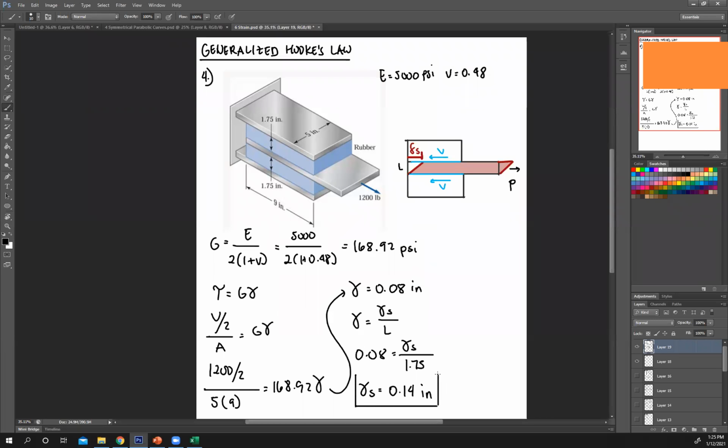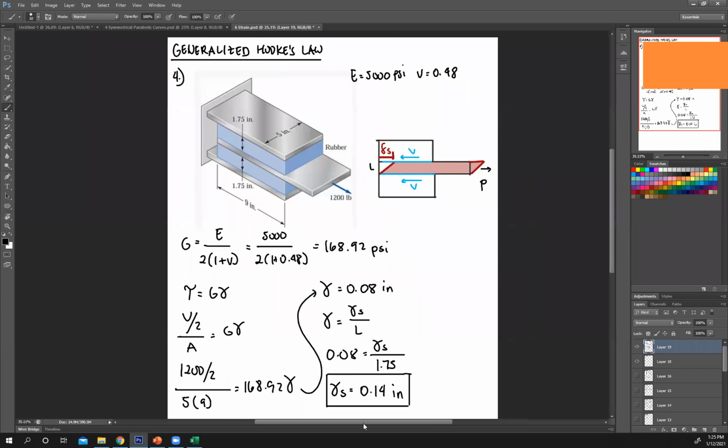There. So that's your shear strain, shear deformation. Okay? Any questions for number 4? Do you understand? Please answer yes or no for the last problem, number 4.